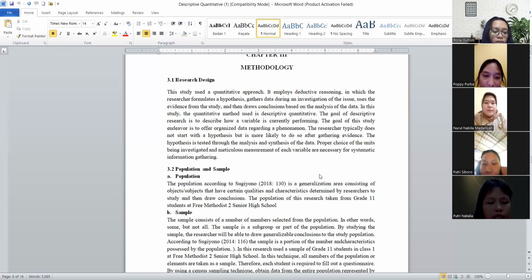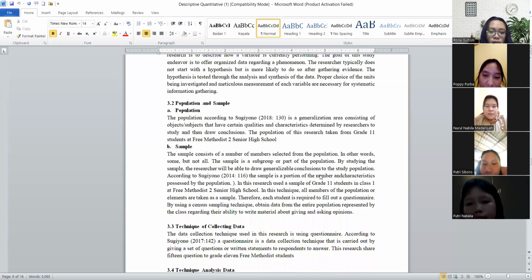And second, the sample consists of a number of members selected from the population. In other words, some, but not all. The sample is a subgroup or part of the population. By studying the sample, the researcher will be able to get generalizable conclusions about the study population.